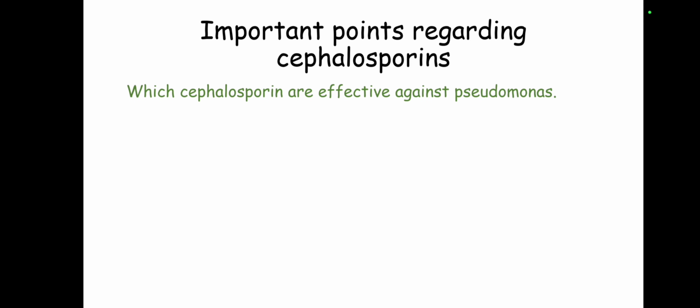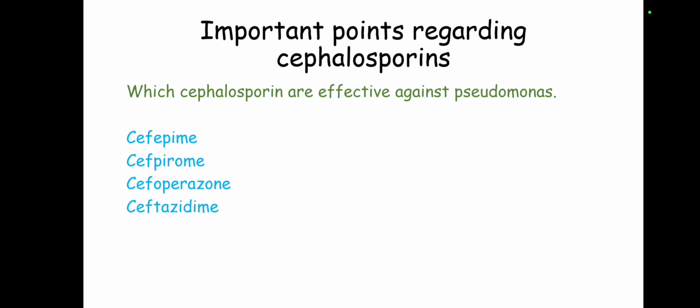Next important point is which cephalosporins are effective against pseudomonas. Many drugs are effective against pseudomonas. Among cephalosporins, we have four that are effective against pseudomonas. They are cefepime, cefpirome, cefoperazone and ceftazidime.